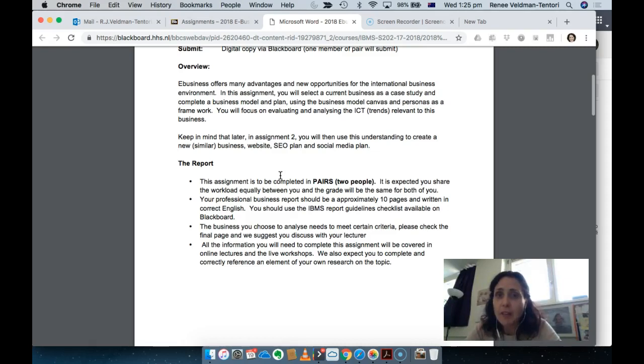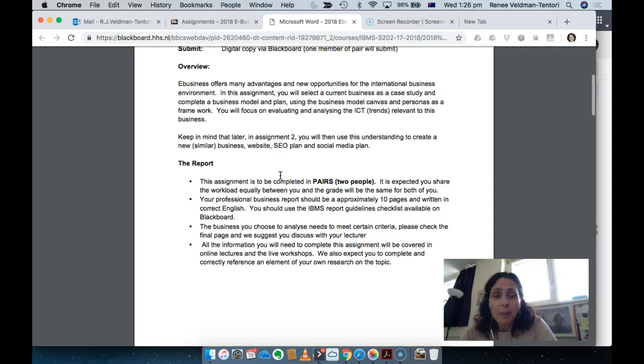But just keep in mind that at the moment you're looking at an existing business, you're trying to understand how they use ICT, of which websites and SEO and social media are one part of that. And then in the next assignment, you will be building a website and doing a social media plan, but more on that later. Don't worry too much about that just yet.